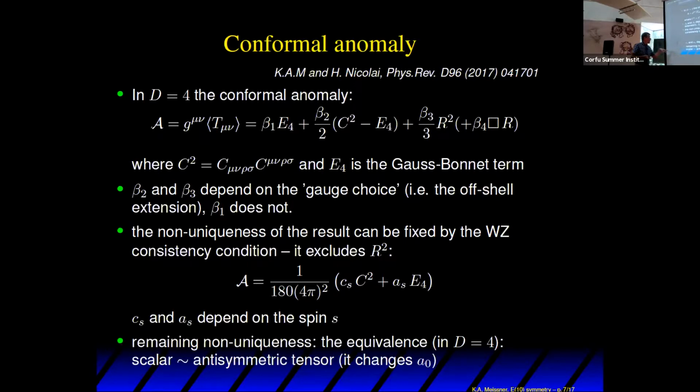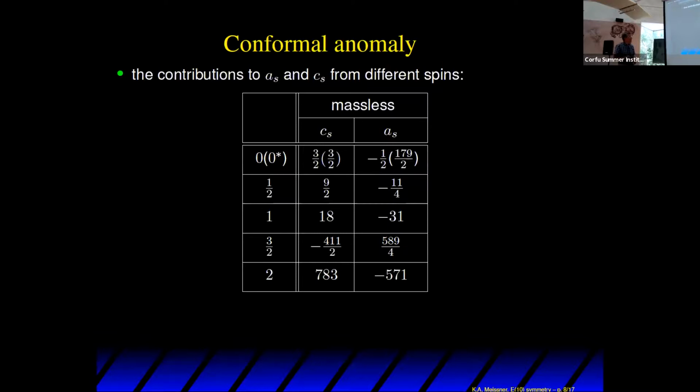So there remains a non-uniqueness, namely the scalars can be replaced by an antisymmetric tensor in 4 dimensions. We are all talking about 4 dimensions. It changes A0. So those are the numbers. As you see, they are very strange, for example, for 3/2 and 2. And that's what we have obtained in this paper, these 3/2 and 2; the rest was known.